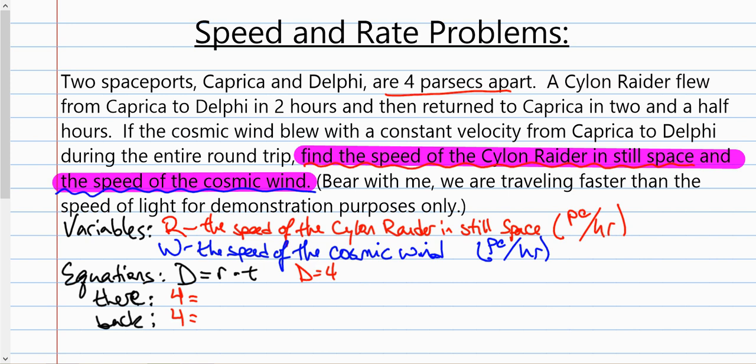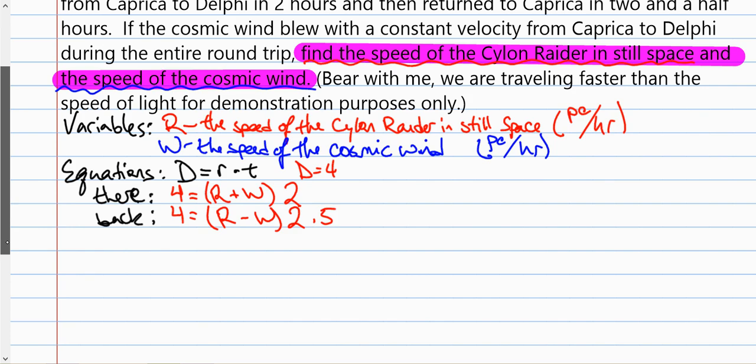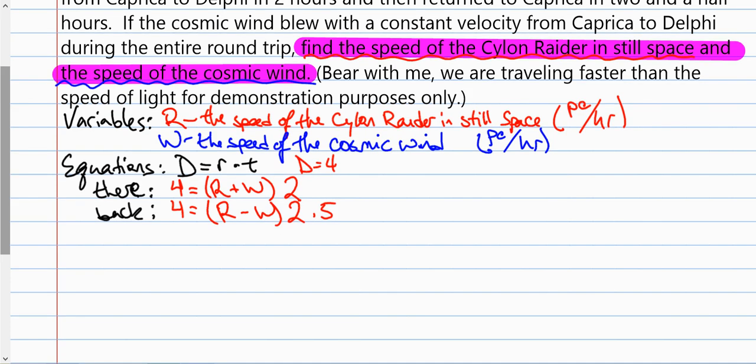That will help us, again, come up with what my rate is going to be for both of them. On the way there, it took me 2 hours. On the way back, it took me 2.5 hours. So that must mean that there, I was going R plus W, and back I was going R minus W. It's kind of a nice little shortcut to help you figure out which way your rate needs to go.